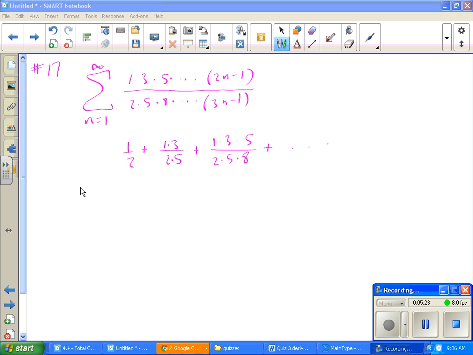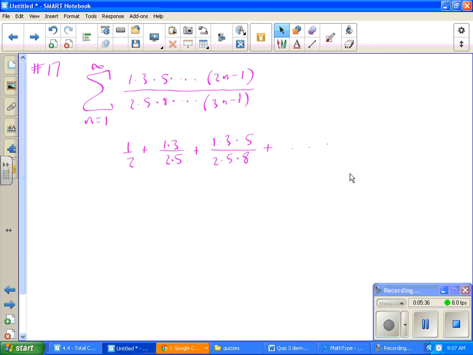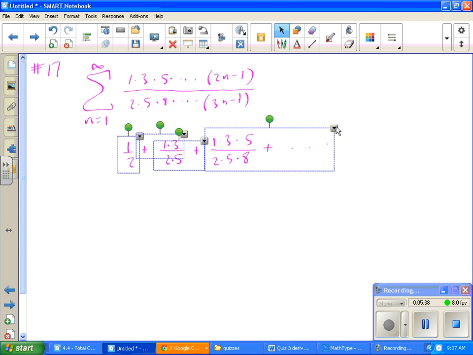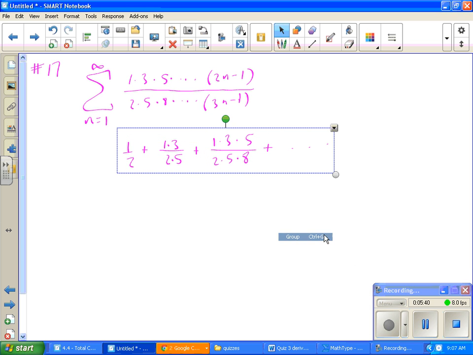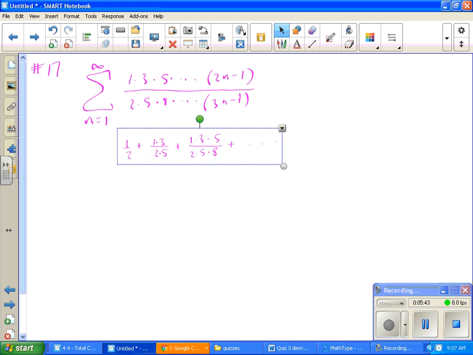Looking at the different tests I can use, I'm thinking it's obviously not alternating. I'm thinking the ratio test because I think some stuff will cancel, so that's what I'm going to go with here, okay? Let's give it a try and see what we come up with. And if it doesn't work, we'll try something else.